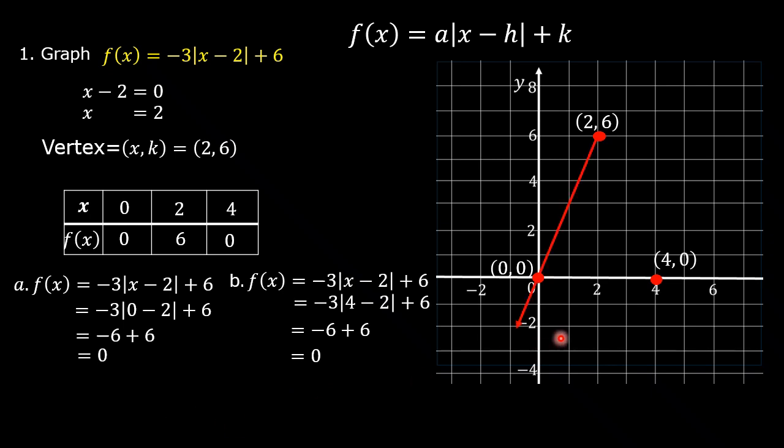And then draw another ray from the vertex through point 4, comma 0. This is the graph of the absolute value function f of x is equal to negative 3 times the absolute value of x minus 2 plus 6.